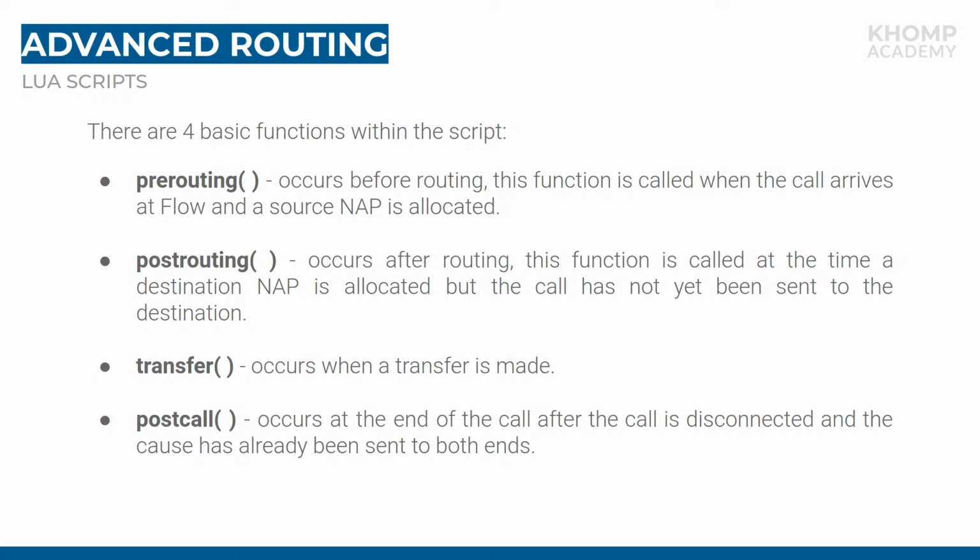I'm not sending it to the destination app. Then I'm going to process this script. We're going to run the script and do everything that is in it, and after this we are going to send the call to the destination app.